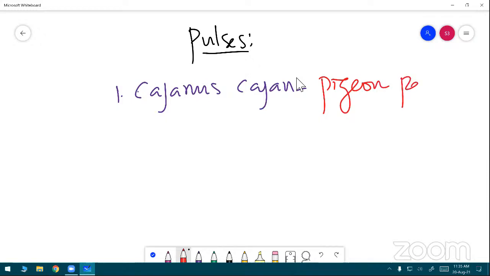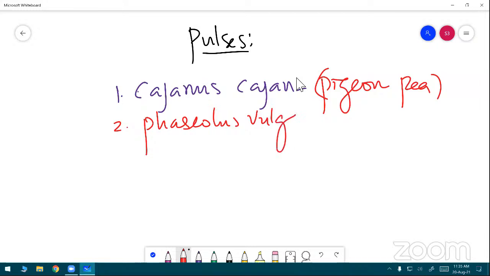The next one is Phaseolus vulgaris, the second pulse. This Phaseolus vulgaris is nothing but the French bean. It is known as the French bean.